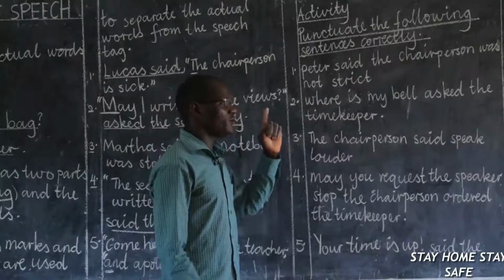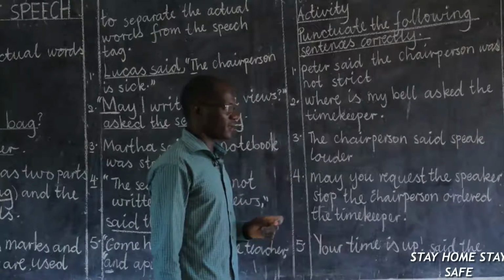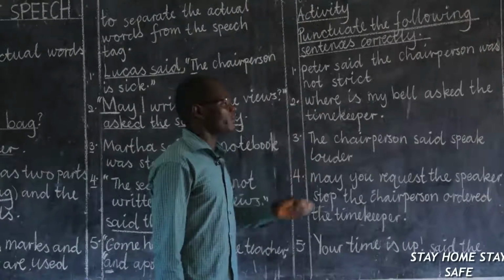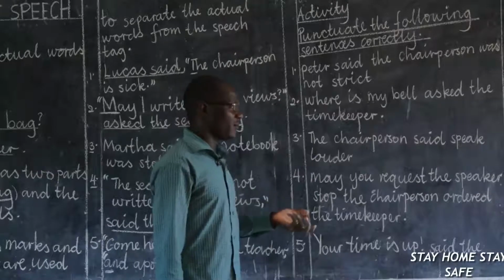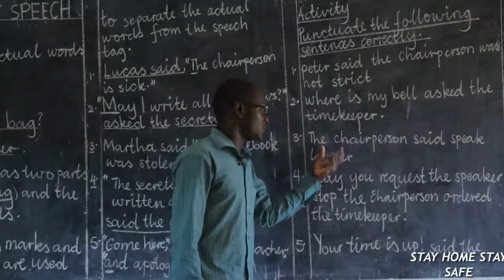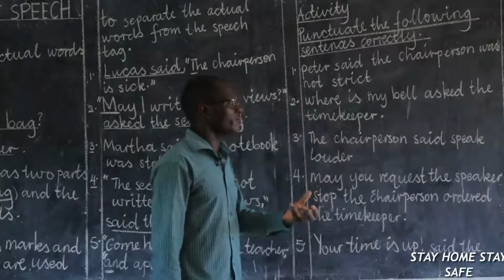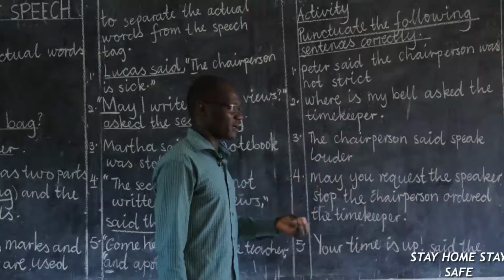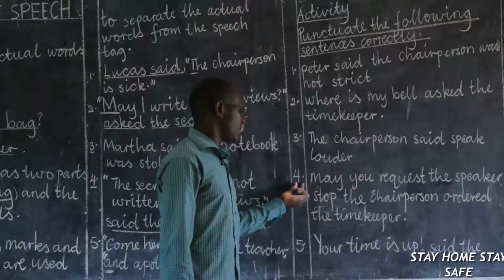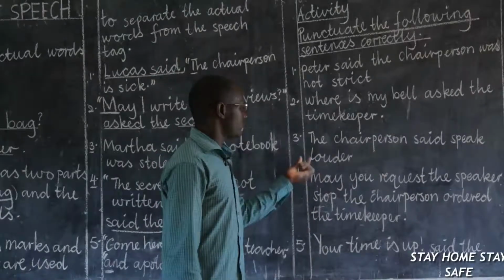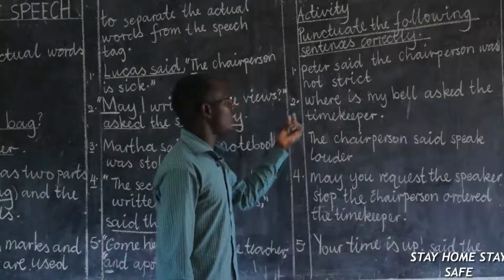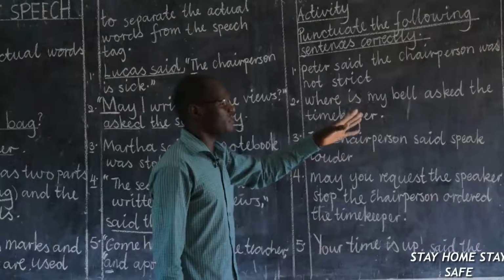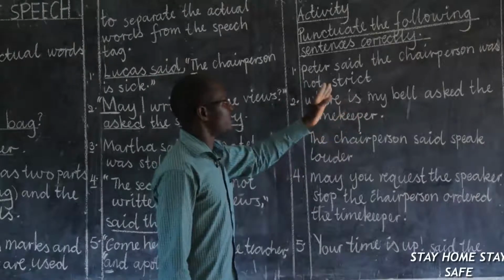Remember, we need to use quotation marks, a comma, a full stop, a question mark if the actual words are in question form, or an exclamation mark when the words that have been said begin with an interjection. Therefore, "Peter said" is a statement.